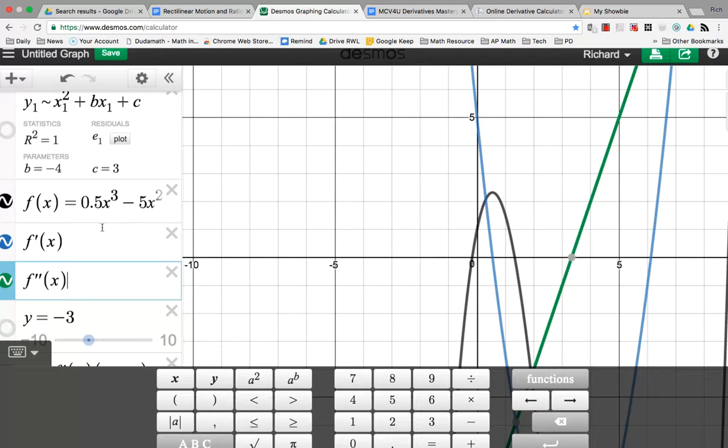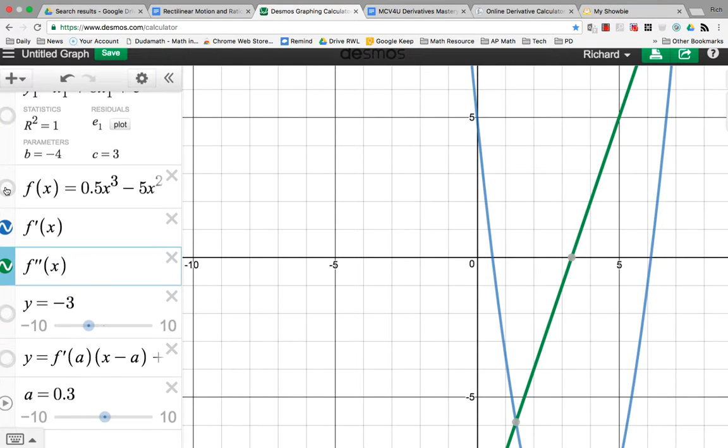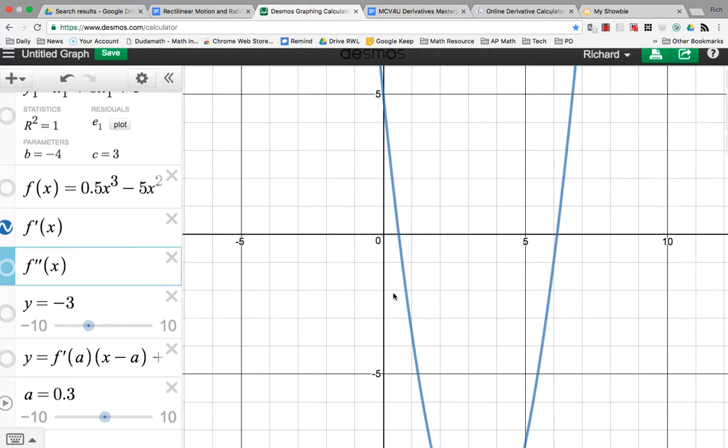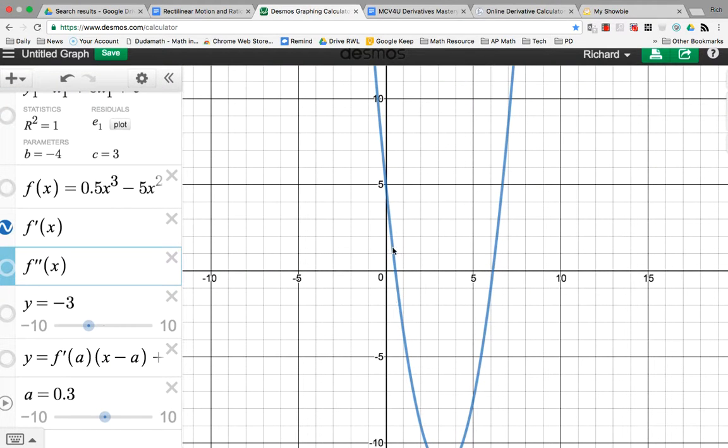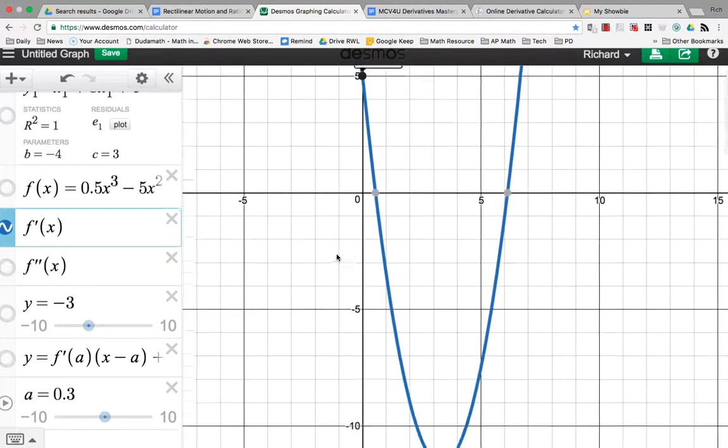For example, what I'll do here is get rid of the position curve, or the height curve, and get rid of the acceleration curve and look only at the velocity. In this case, folks, at 0 seconds, the velocity would be 5 meters per second. That's also a speed of 5 meters per second.